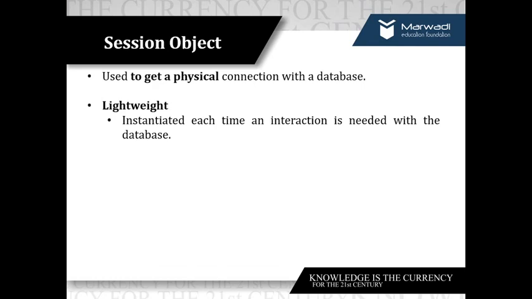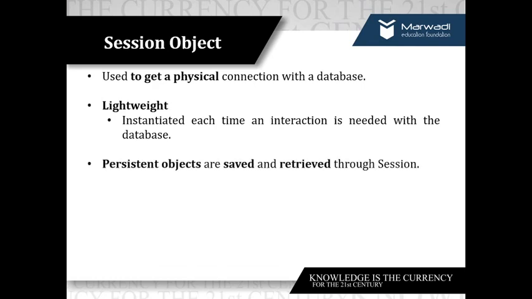So both are accessing the shopping cart data at a time. One is just retrieving it, one is updating it. So you see, lightweight objects come into the picture when there are multiple threads. There is a possibility of multiple threads doing simultaneous operations on the same type of object.